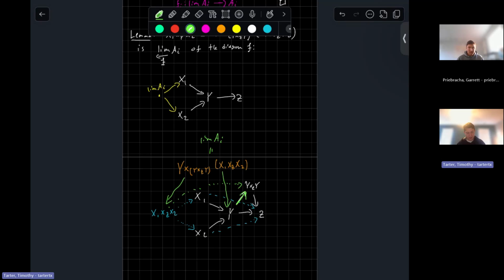Because it's the fibered product of the two fibered products of the subdiagrams. So the limit of a diagram is the limit of the limits of the subdiagrams.